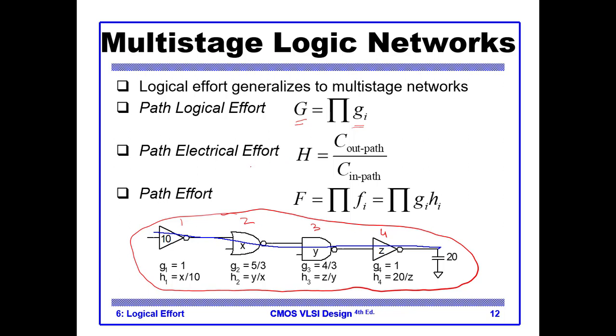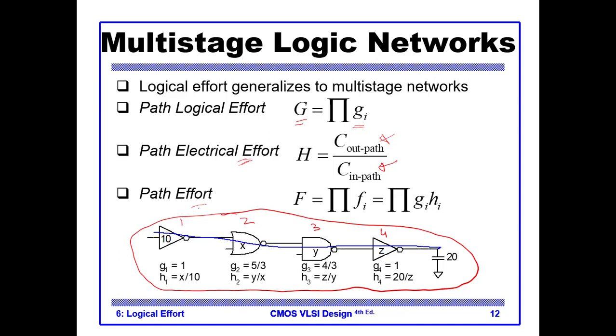We have to define the path electrical effort, or fan out, capital H, as C out path, which is the final output from the multi-stage network, divided by C in path, the input to the multi-stage network.